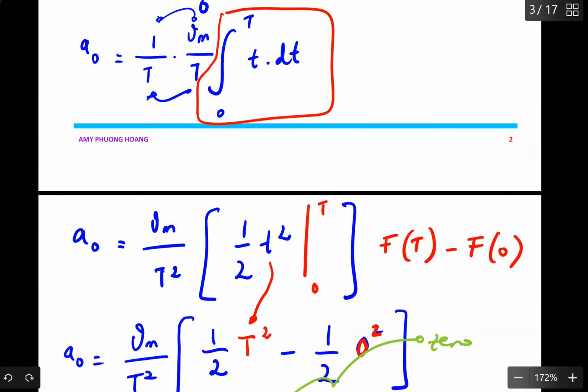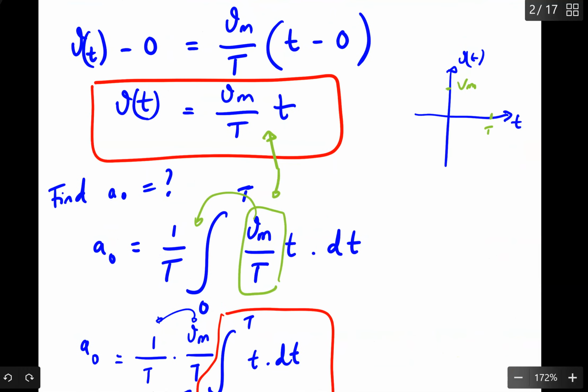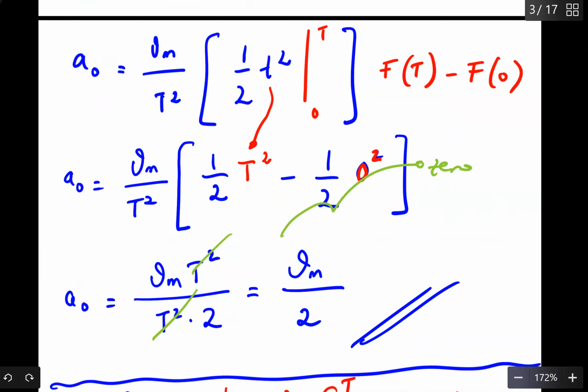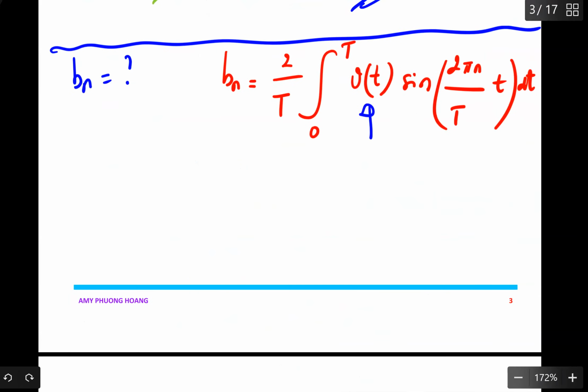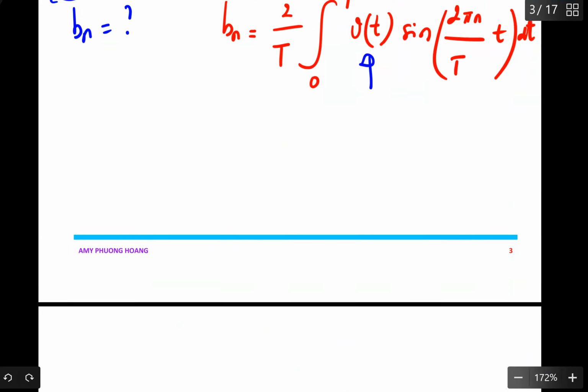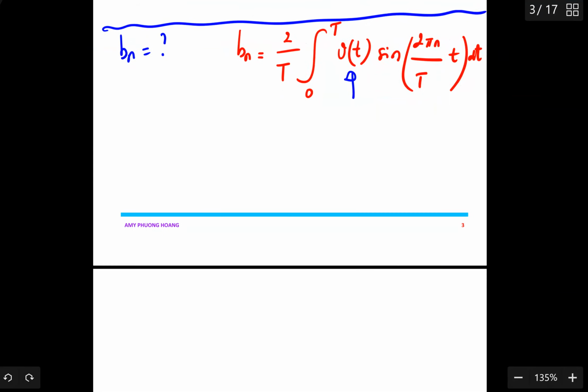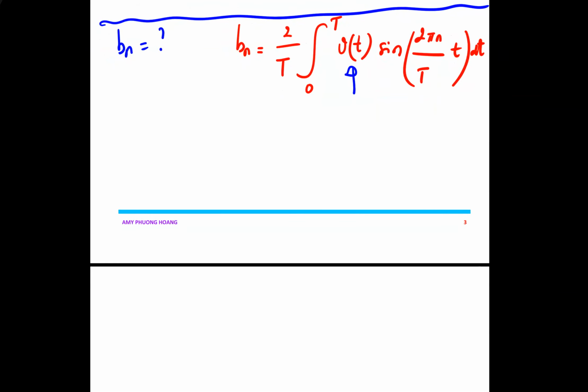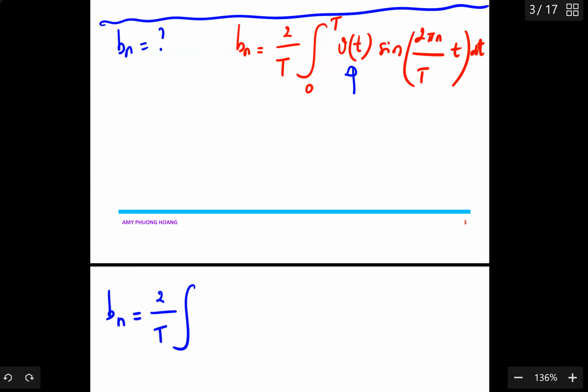And V(t), we found it as this equation. So we are going to substitute into here. I am going to write it on the next line so that I can have room to integrate. So Bn is equal to 2 over T, integral from 0 to T.